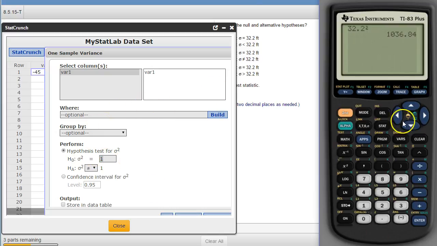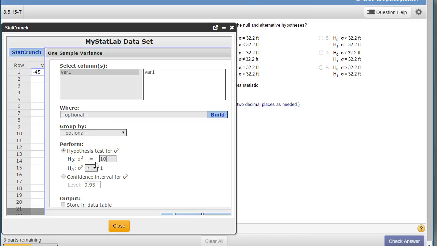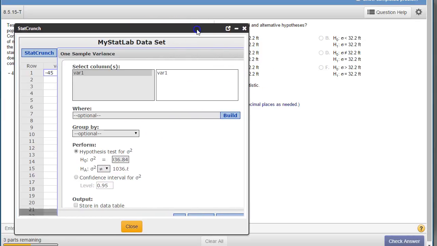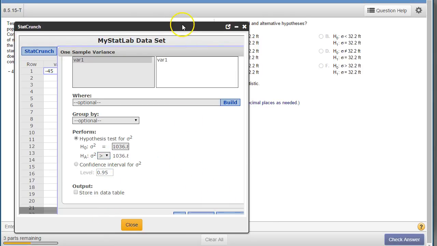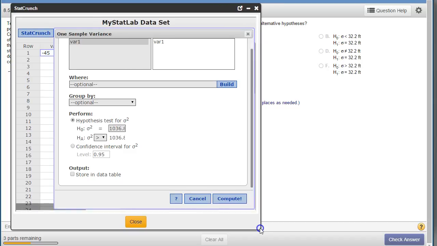So that's what goes in right here: 1036.84. And the alternate hypothesis, remember, was greater than. So we want greater than, and then we compute it.